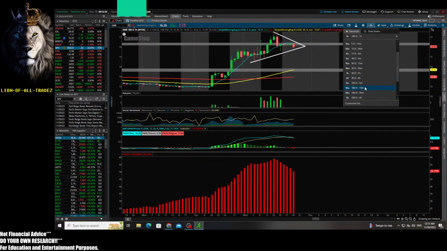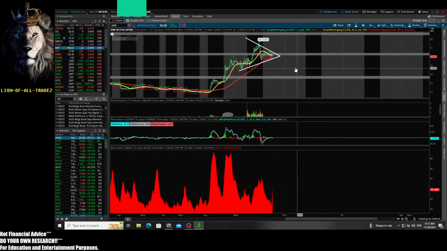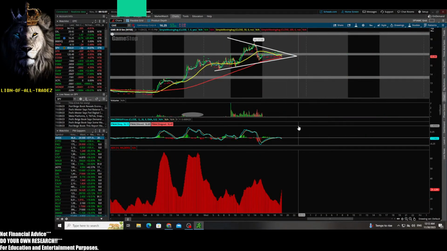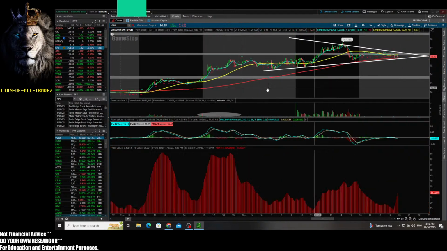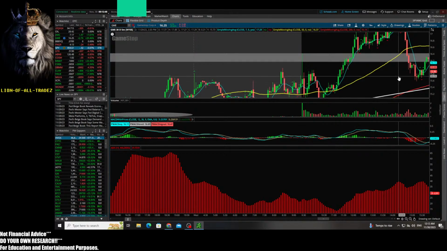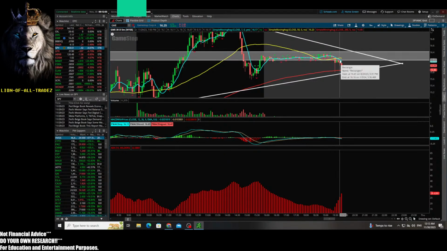Last but not least, we can check the 5 minute. Look at the Zelly here, and we got a little cross right here.